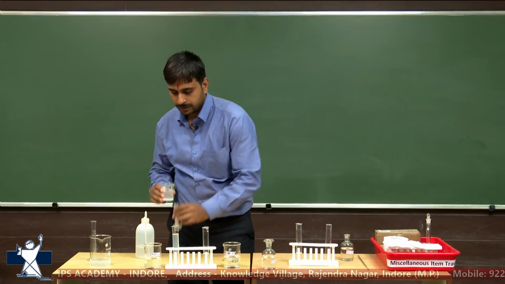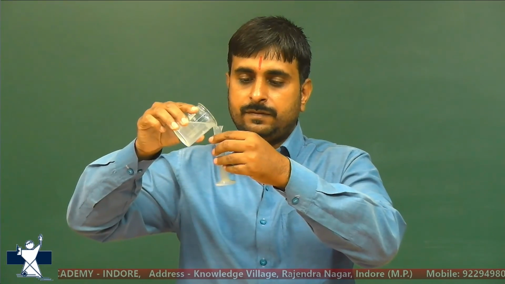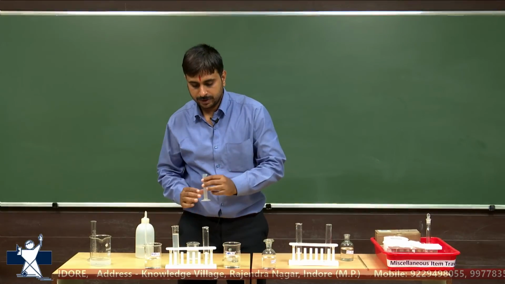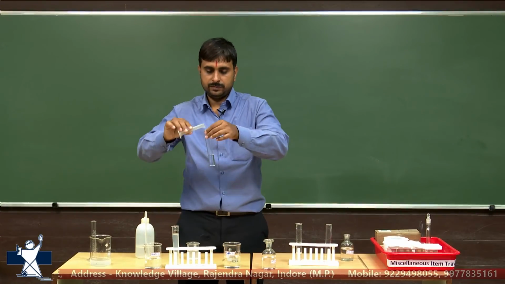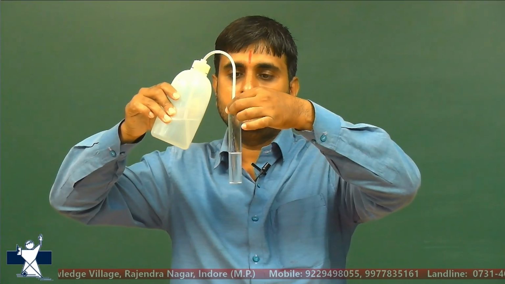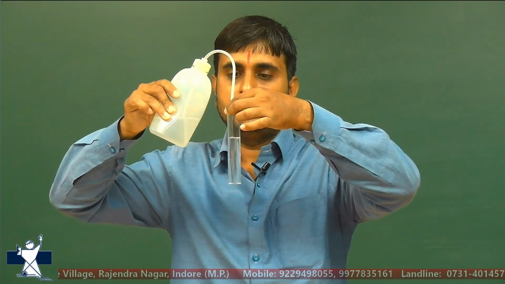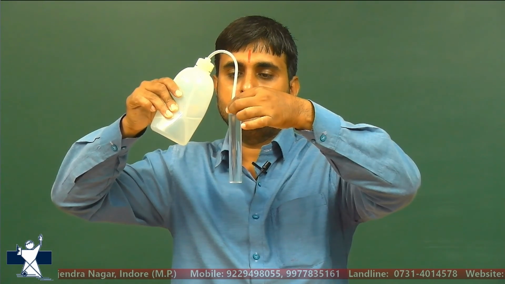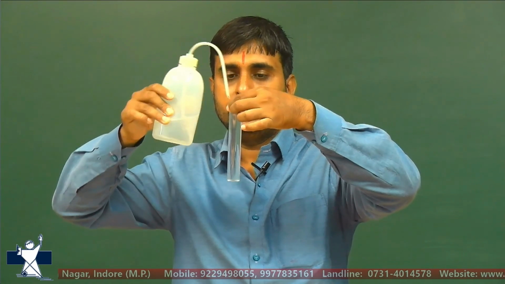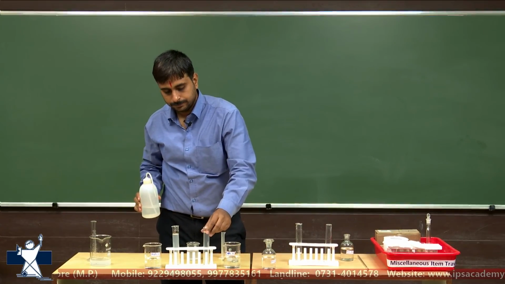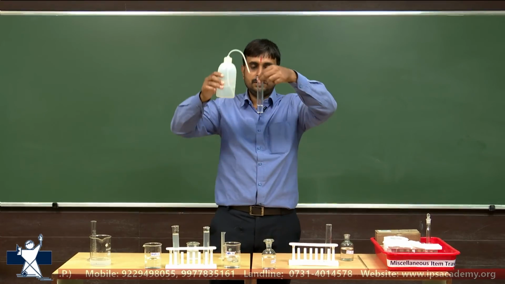Same procedure for sample B: 5 ml of barium sulphate reagent, make up the solution with distilled water up to the mark, and wait for 5 minutes. This is the standard solution.